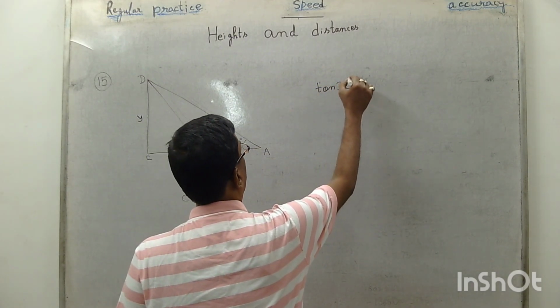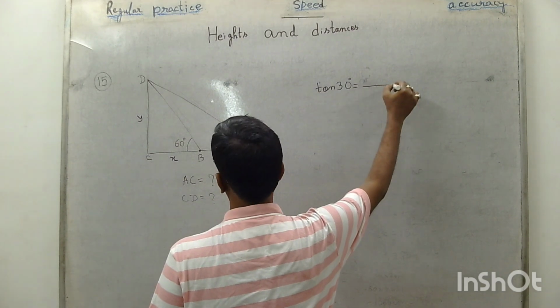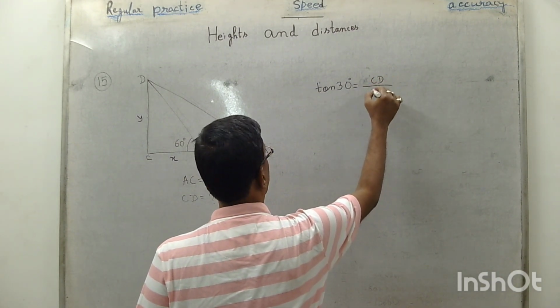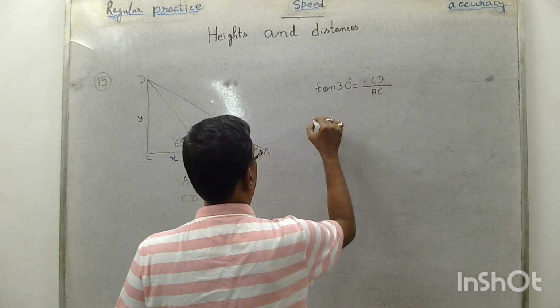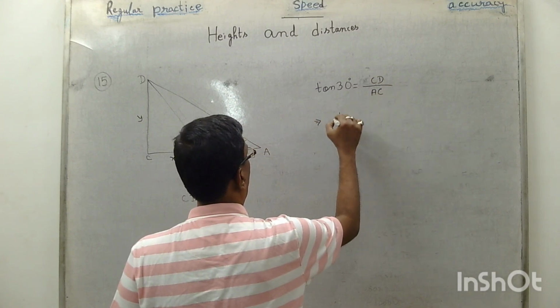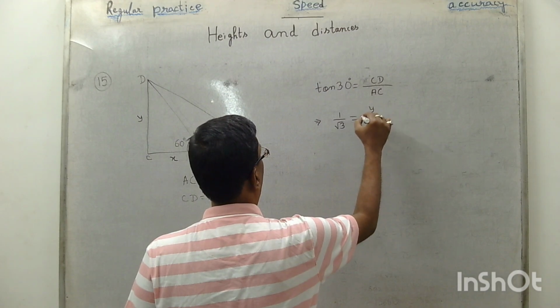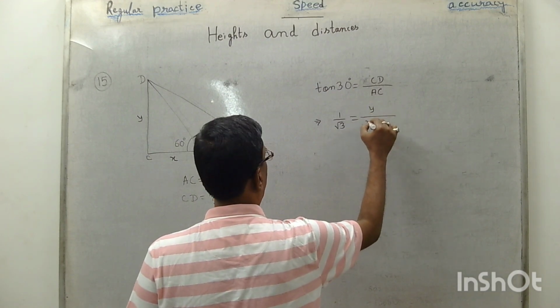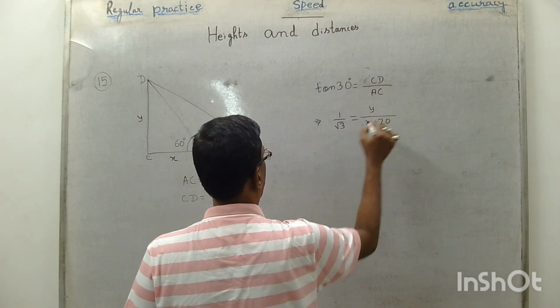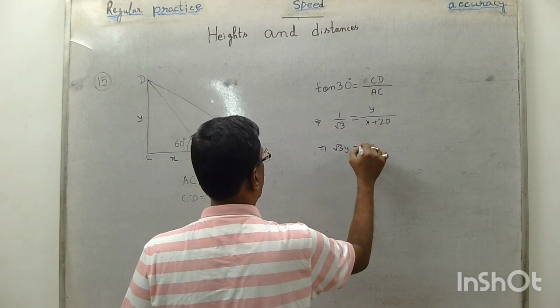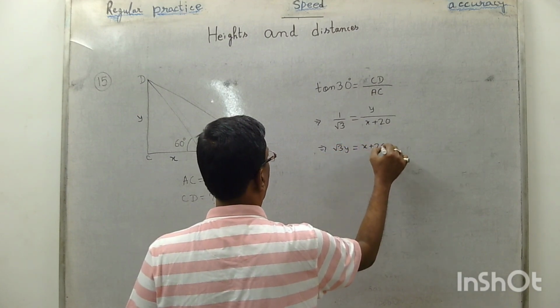Tan 30 is CD by AC. Tan 30 value क्या है? 1 by root 3. This is Y and this is X plus 20. So root 3Y equals to X plus 20.